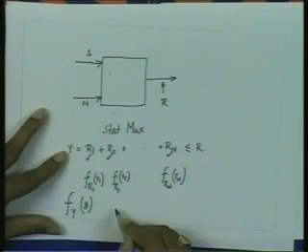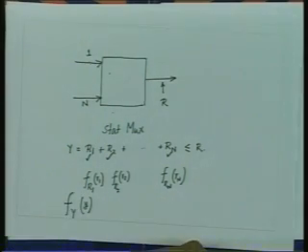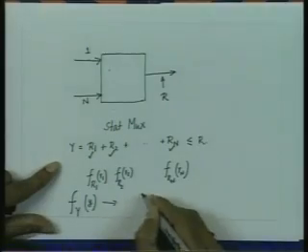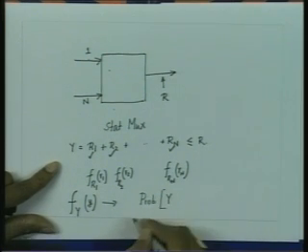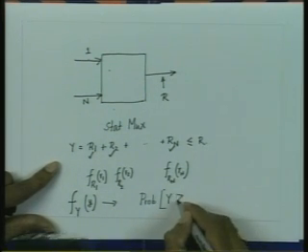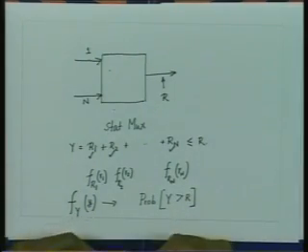From this probability density function of the output Y, the network can determine the probability that the combined output rate Y will become greater than R. Whenever the combined output rate becomes greater than R, there will be a packet loss.